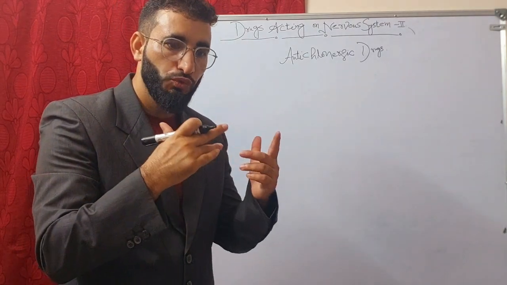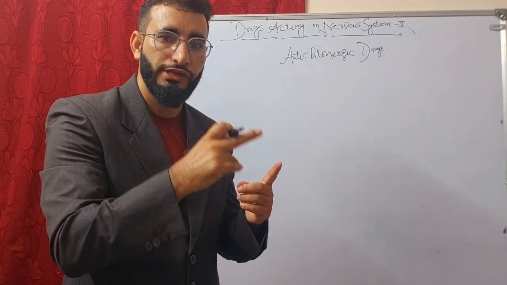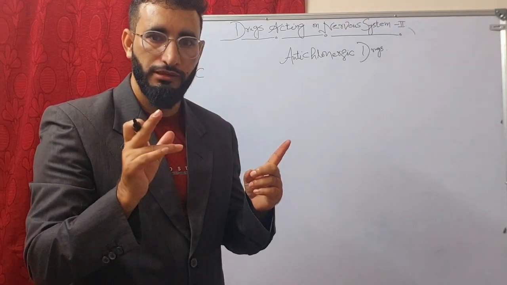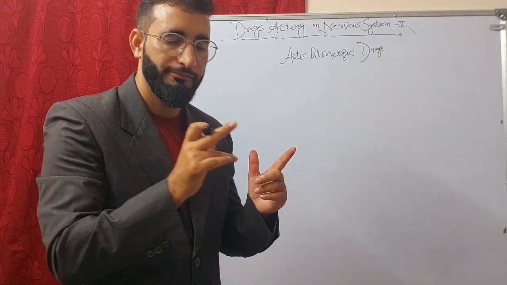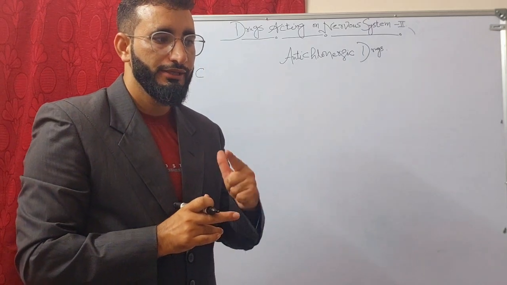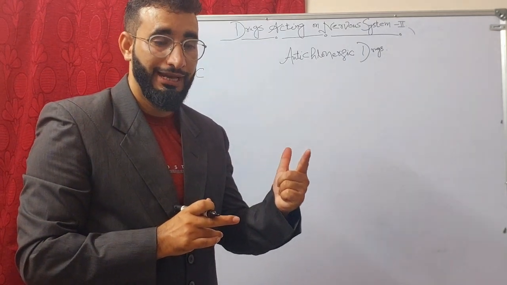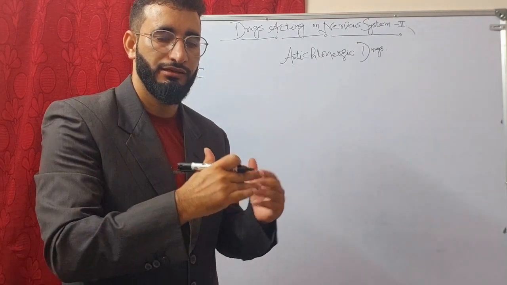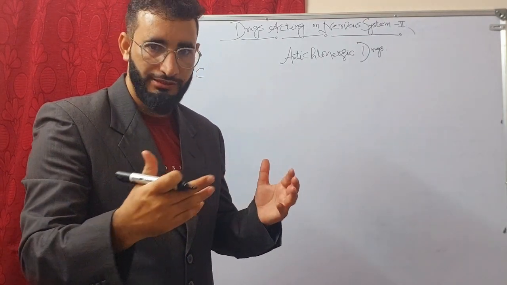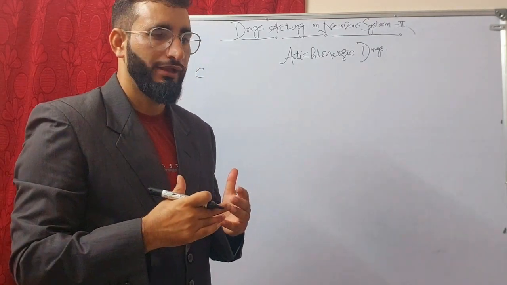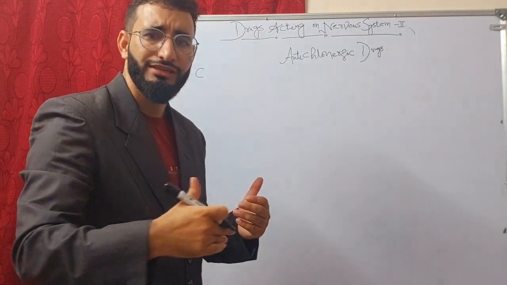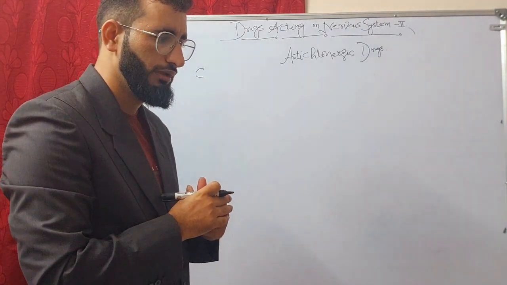And you know that the non-polar, lipid soluble drugs can cross the BBB, blood-brain barrier. So they will be used when the action is needed inside the brain, on the central nervous system.